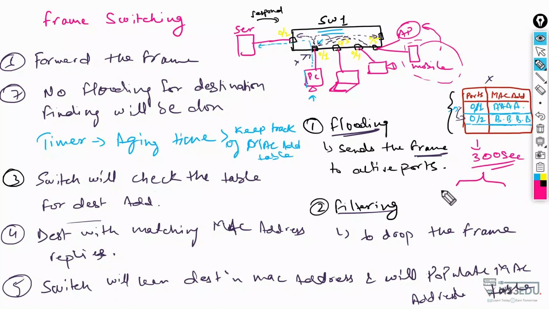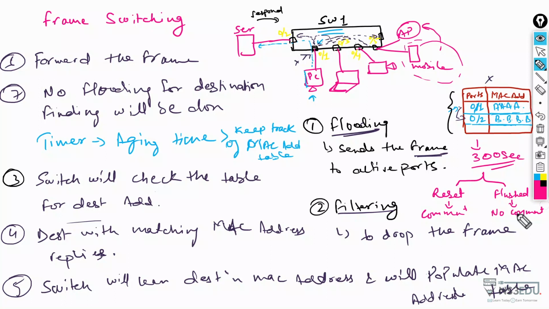In 300 seconds it will either reset it, in the scenario where communication happens. And if you have already reached the 300 seconds, then it will be flushed or deleted from the MAC address table, because there was no communication.